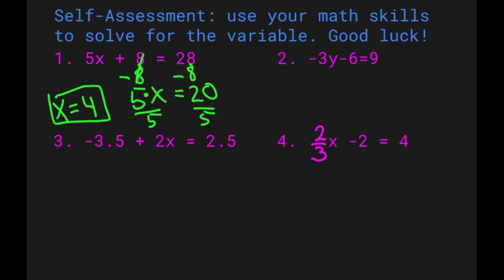Over here, I'm going to attack this minus 6 and add it to both sides of the equal sign. Some teachers like to draw a little line there to help you remember to keep things separate. Negative 3y equals 15. Opposite of multiply is divide. Okay, don't get tricked because there's a negative there.